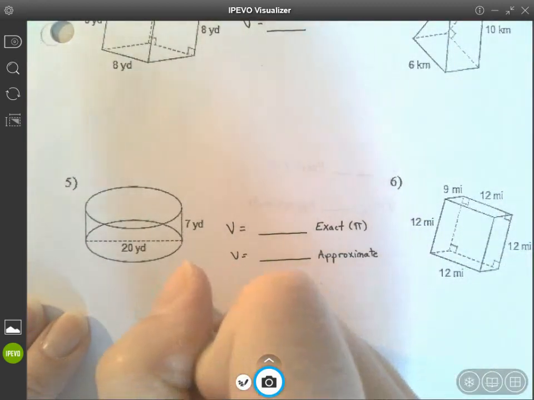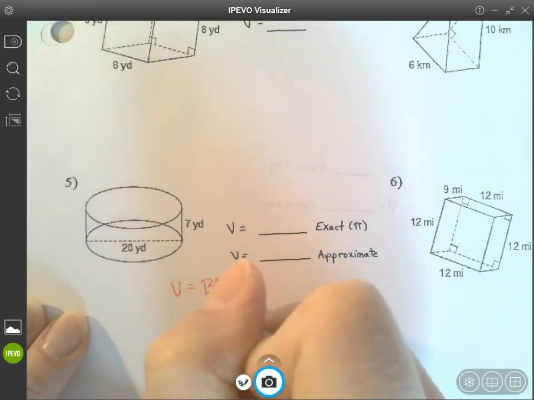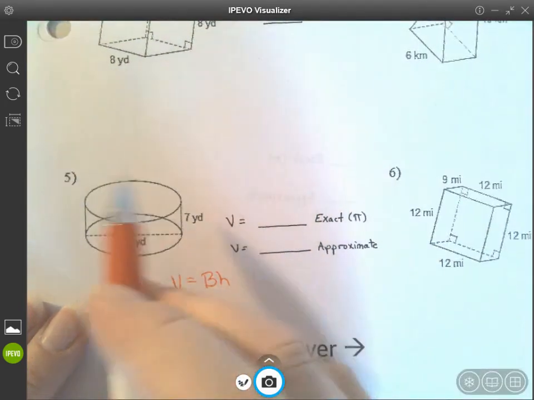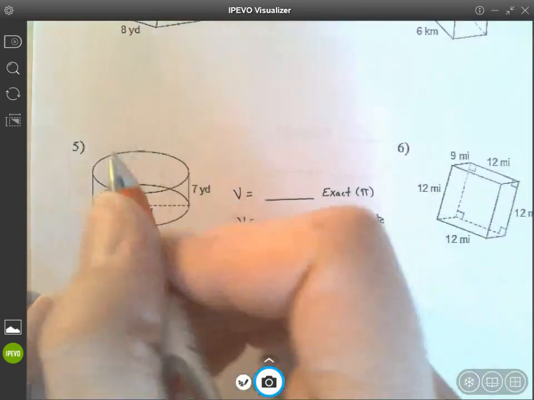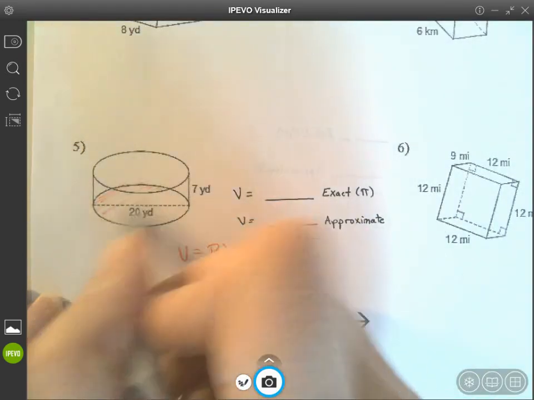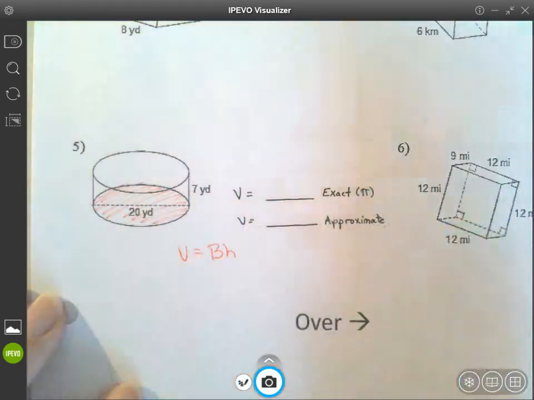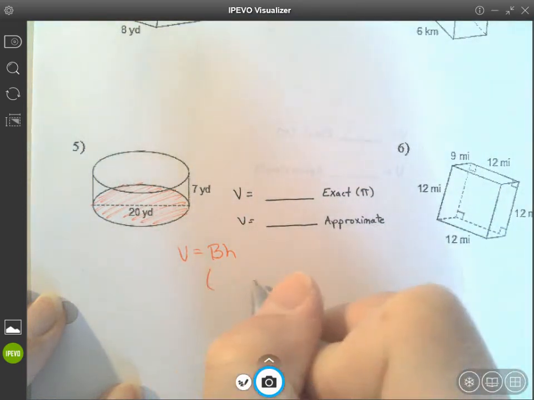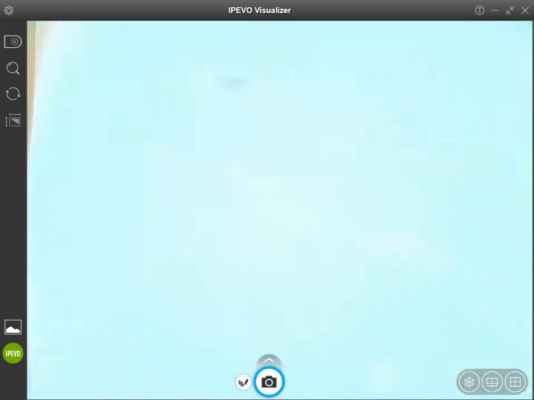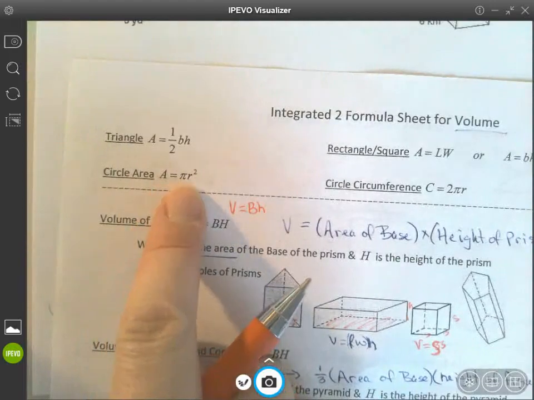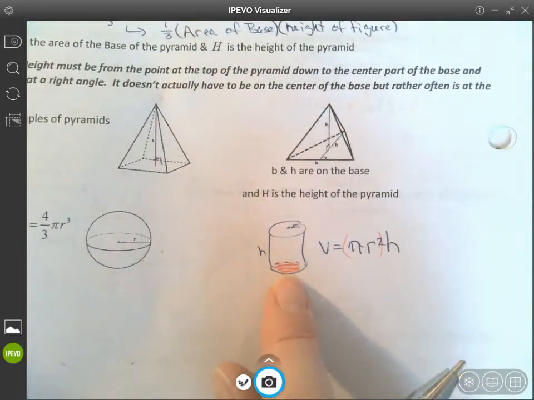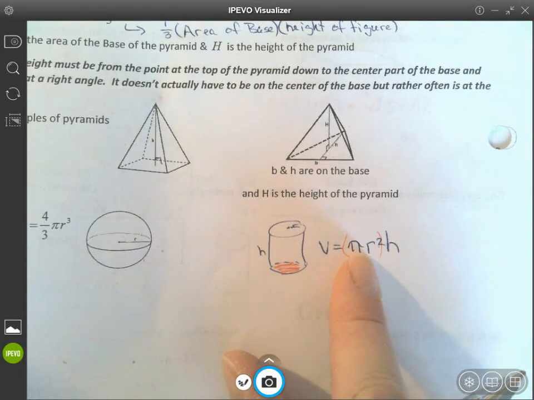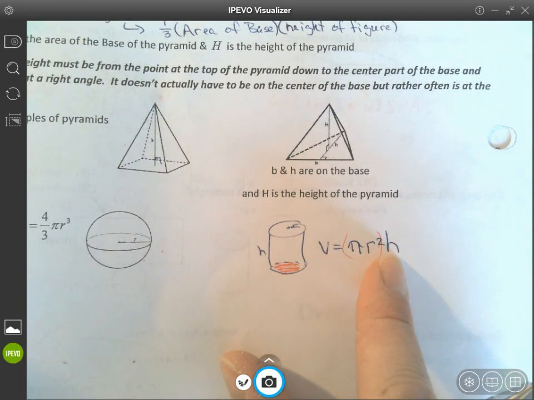Let's talk about number 5. Again, volume is always area of base times height. What is this figure? Cylinder. So the base is a circle. You have the two circles. Now, the area of a circle is right here, pi r squared. We did create the cylinder volume formula and put it on our formula sheet: pi r squared, and then times the height.